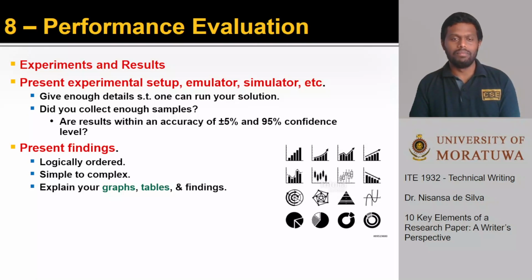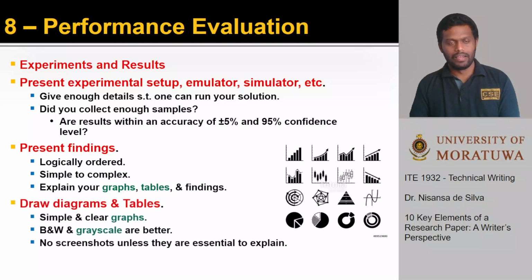Graphs and tables might be easier to read in certain cases. You decide what is the best way to report your findings. You should draw diagrams and tables. Simple and clear. There's nothing to gain by being obtuse.